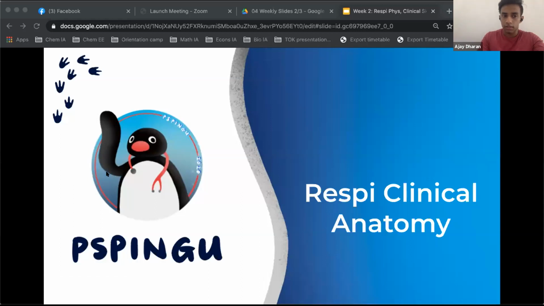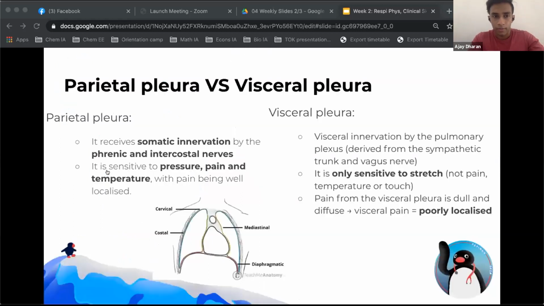So remember we focused on the pleura. Hopefully now you've gone through your embryology lectures and you know the different pleura. You've got your parietal pleura as well as the visceral pleura. Your visceral pleura is basically surrounding your lungs, and your parietal is around it.